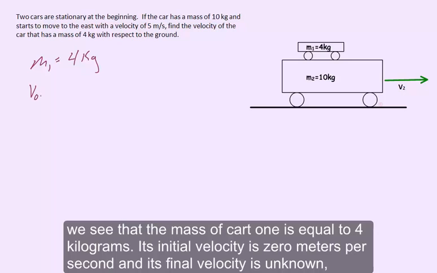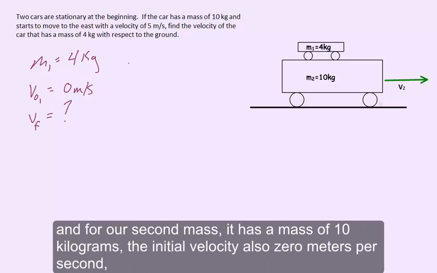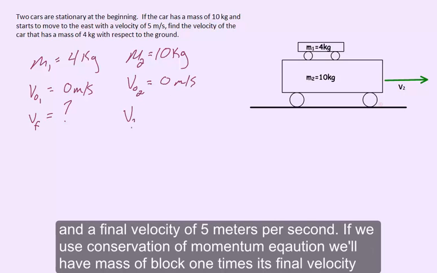Its initial velocity is 0 meters per second, and its final velocity is unknown. And our second mass has a mass of 10 kilograms, an initial velocity also 0 meters per second, and a final velocity of 5 meters per second.